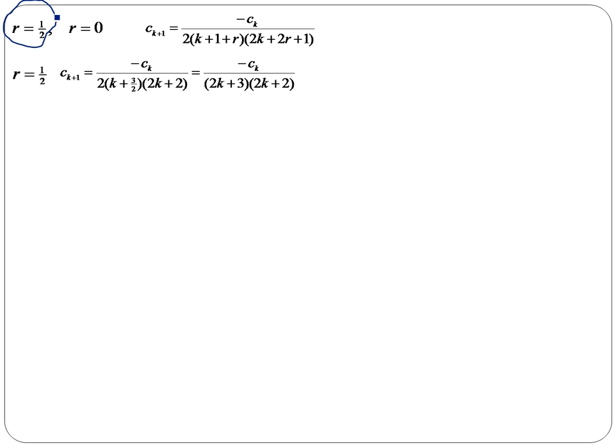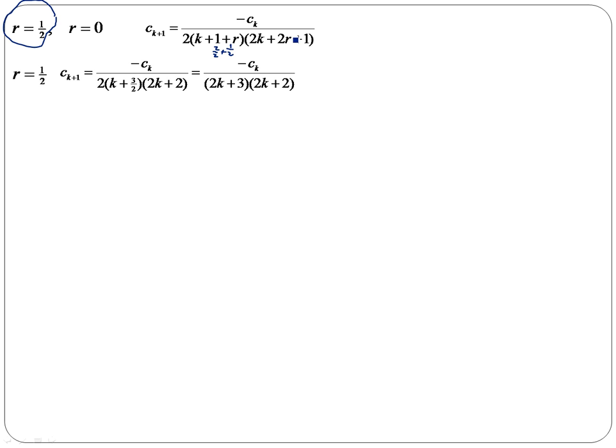To find our second linearly independent solution, we want to choose the other value for r. We want to look at what happens when r is 1/2. And when r is 1/2, inside this parenthesis, we're going to get k plus 1 plus 1/2. 1 plus 1/2 is the same as 2 halves plus 1/2, which gives you 3 halves.